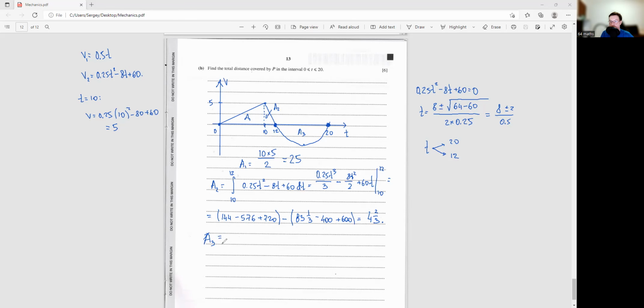Now the very last integral, again, is going to be from 12 to 16. Oh, sorry, from 12 to 20. It's the same function. And obviously it's going to be the same integral.